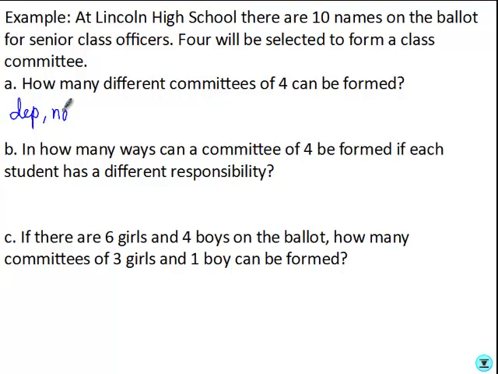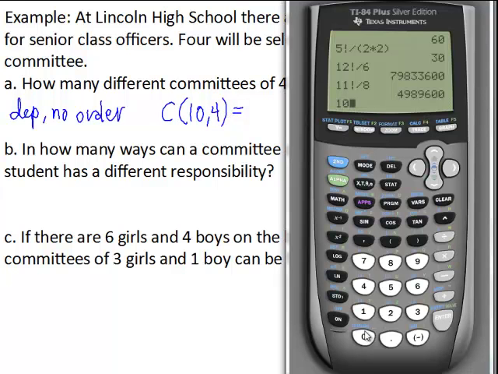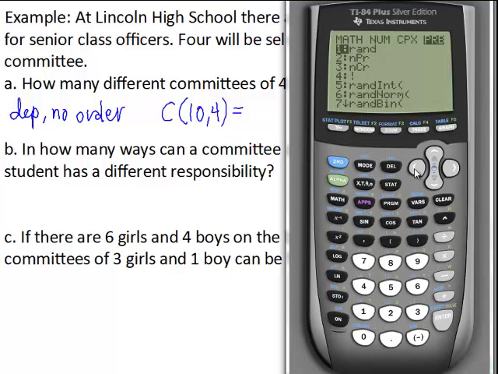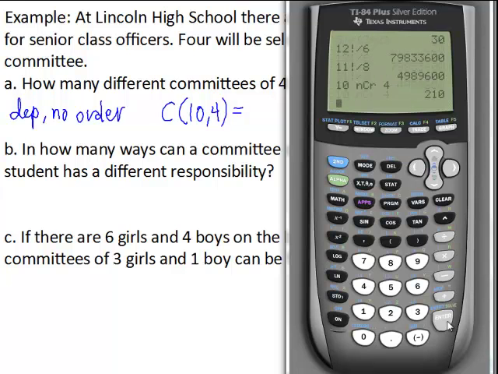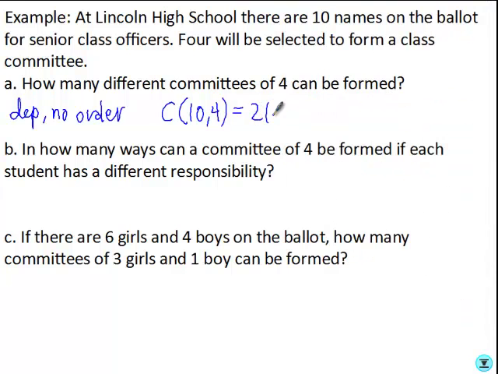And the order doesn't matter. You're going to be on the committee if you're picked first or if you're picked 4th or 3rd or 2nd. So no order. So we're going to do a combination. We have 10 people to choose from. We're picking 4. It's 10 choose 4. So I can type in my calculator 10, math, probability, nCr 4, 210 possibilities.